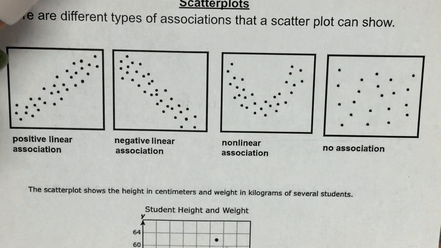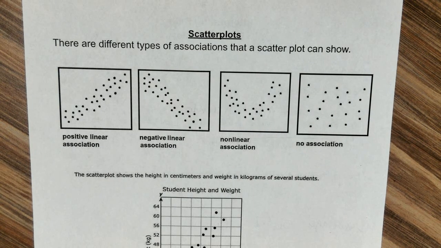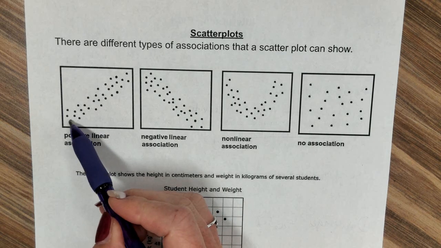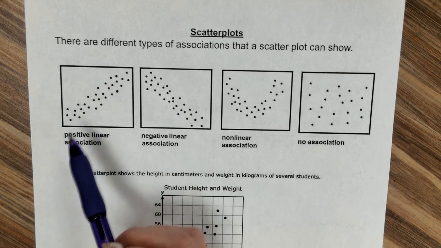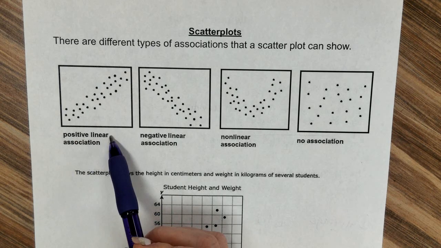Let's briefly go over scatter plots. Y'all are really good at scatter plots, so this should be super easy, but let's go over it again. Remember that a scatter plot is showing if there is a relationship between 2 sets of data. If the dots are like following a trend, like this is following a trend going what? Up. If it's going up, we call it positive linear.